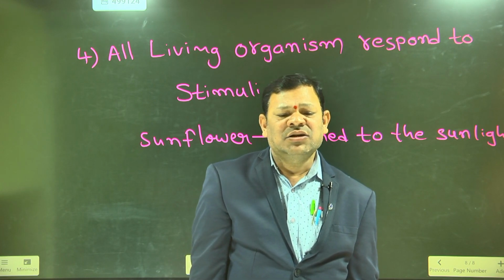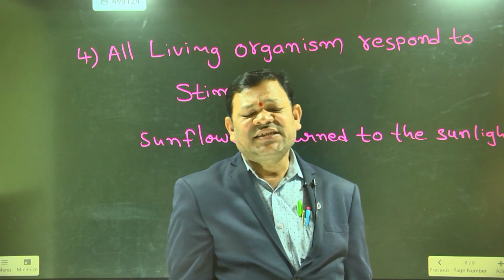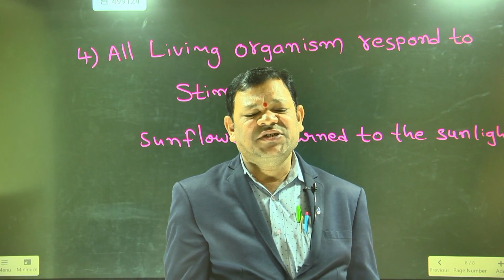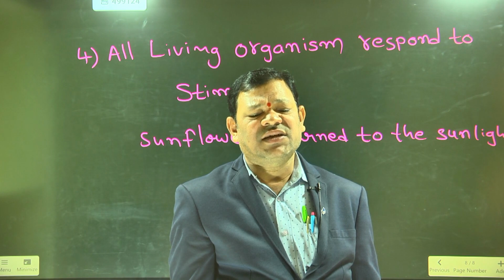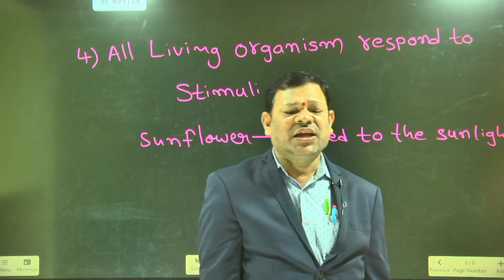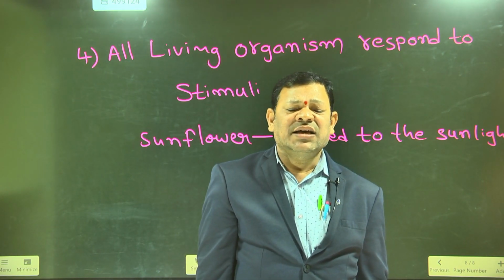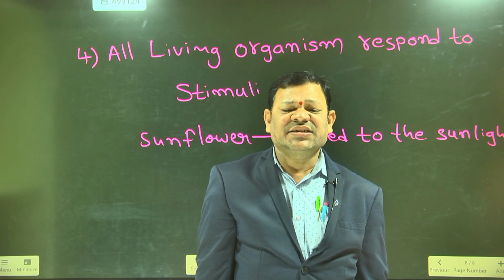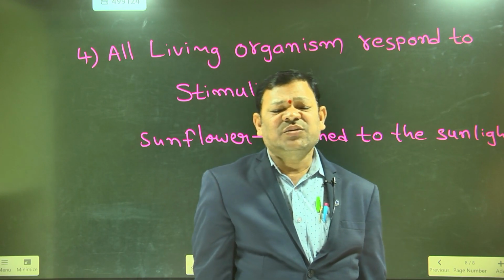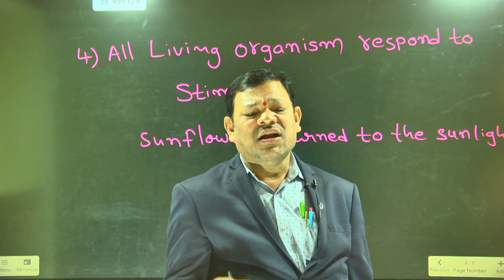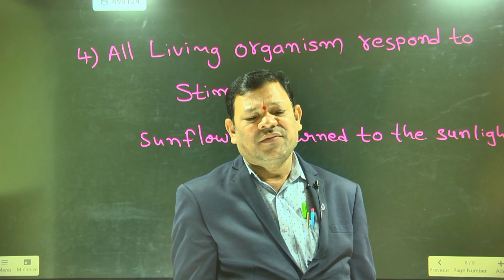So especially in plants, most of the parts can respond to the sunlight, to the air, to the water, to gravity, to gravitational force. So plants respond to the stimuli.